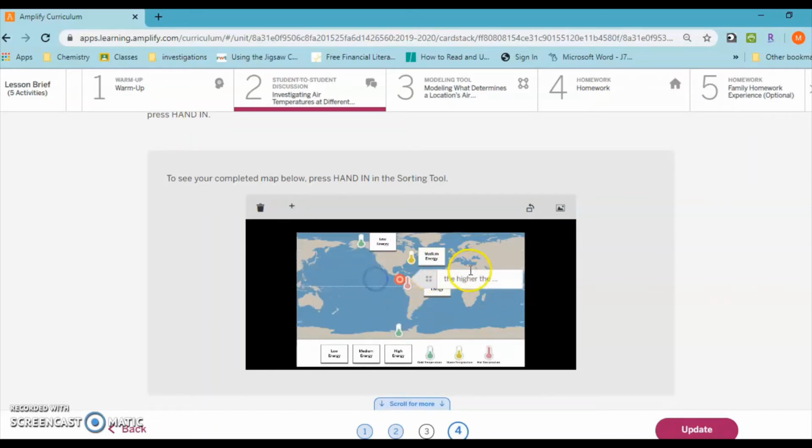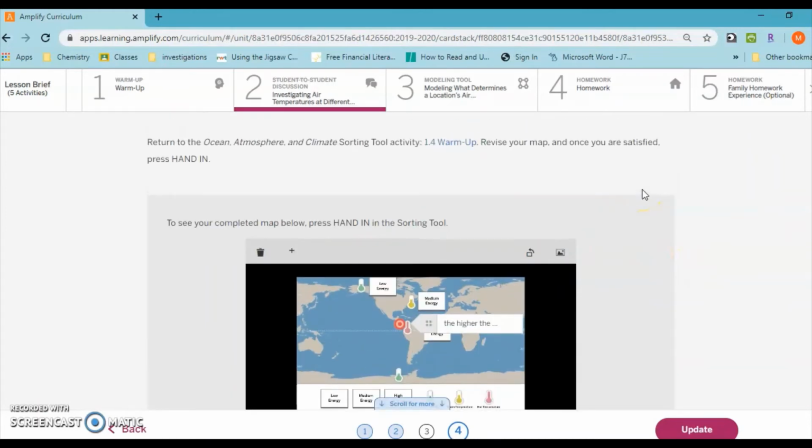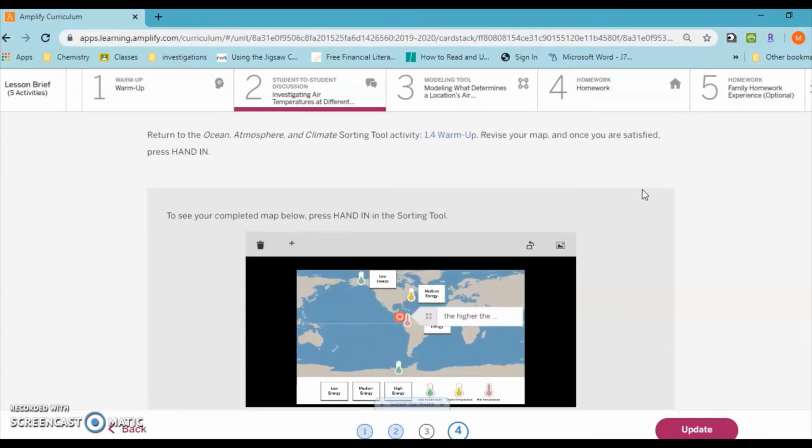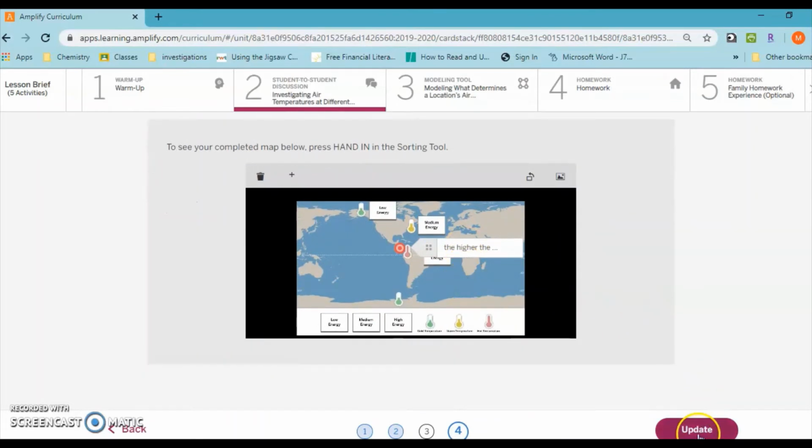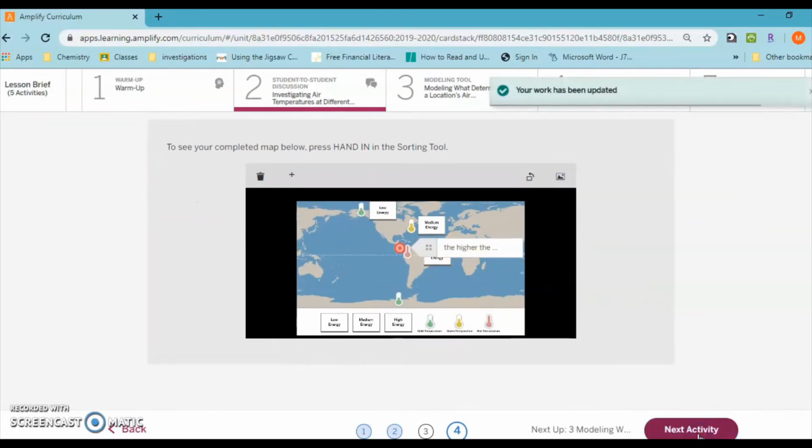I'm going to put that over here. You can add annotations, and your annotations can say anything. Maybe your annotation says that you've changed your mind from earlier, or maybe it says, I think I did excellent, right? Whatever we changed, however we changed it, we are going to hit update. Boom. Now your work has been updated, and we're all done with number 2.